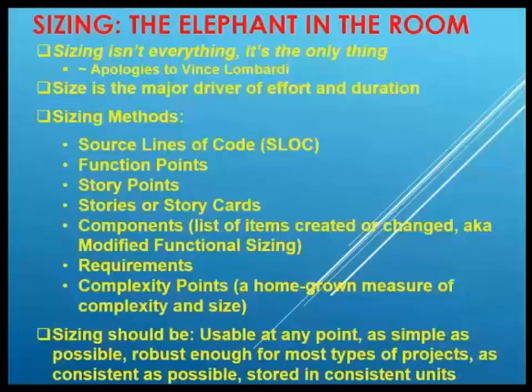Sizing should be usable at any point, as simple as possible, but robust enough for most types of projects, as consistent as possible, and stored in consistent units. So the consistent units that my organization uses are called implementation units, and they're equivalent to lines of code.